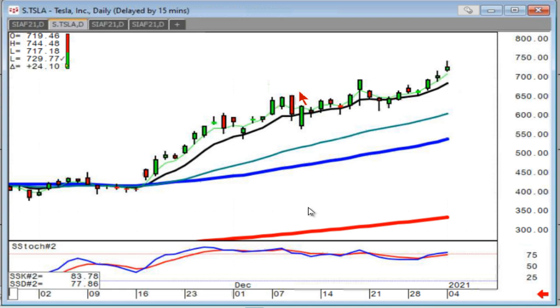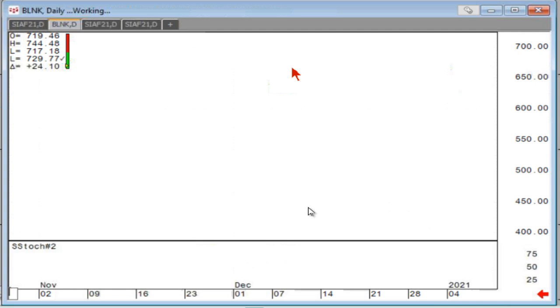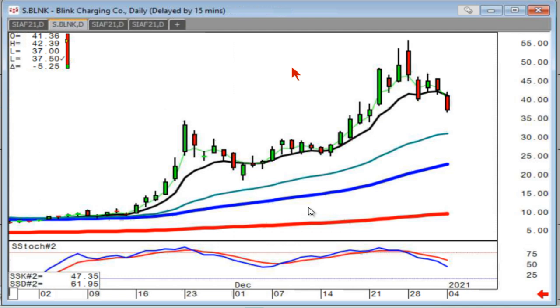Don, that is why I'm researching that whole sector, because I would have thought the same thing, that Blink would have a stronger looking chart right now. However, it may have been that there was profit taking going on right in here for the year end. Now, after hours, Tesla's back up another point.